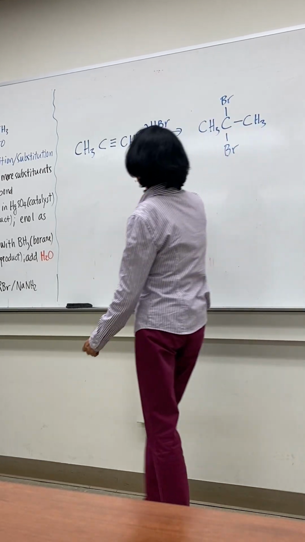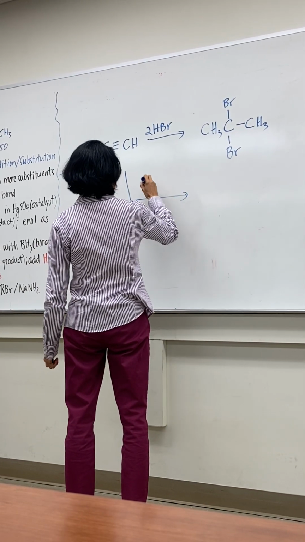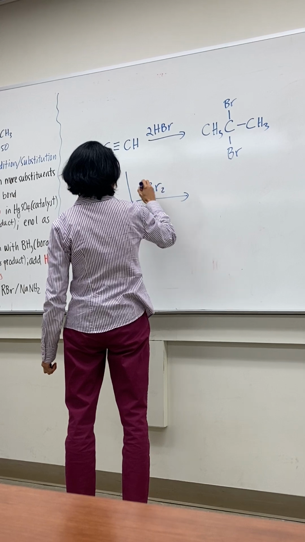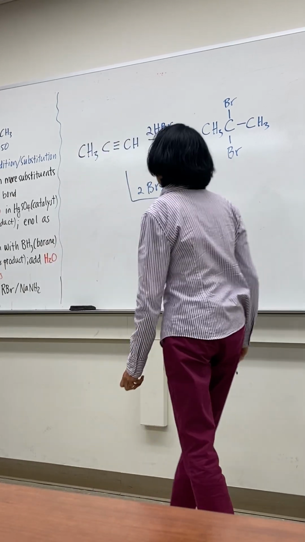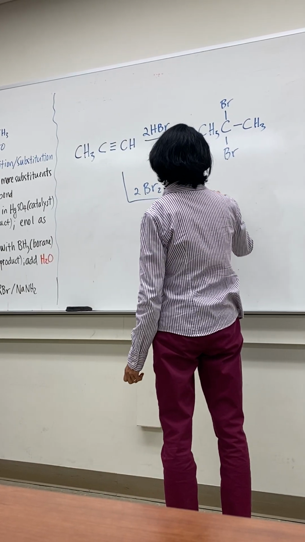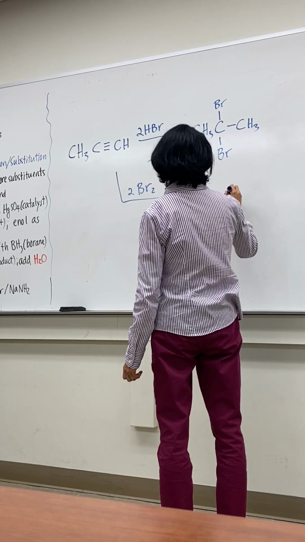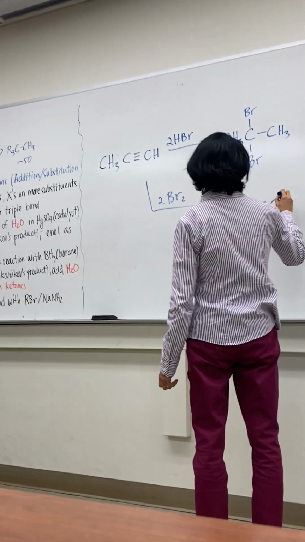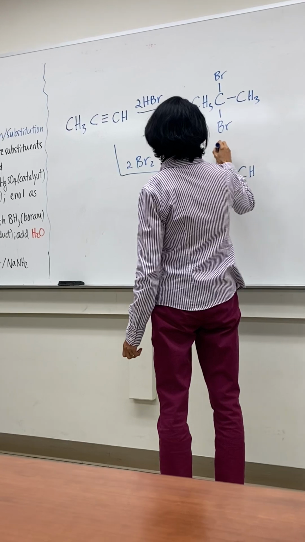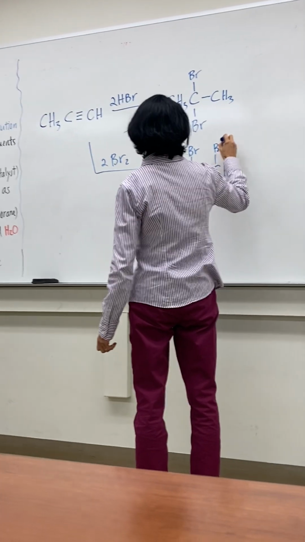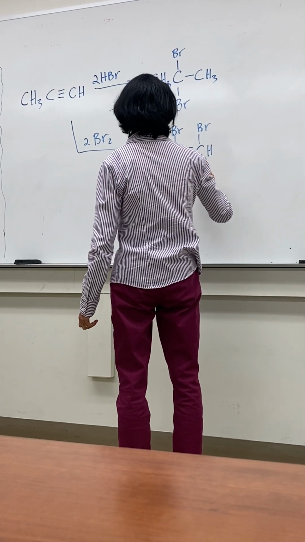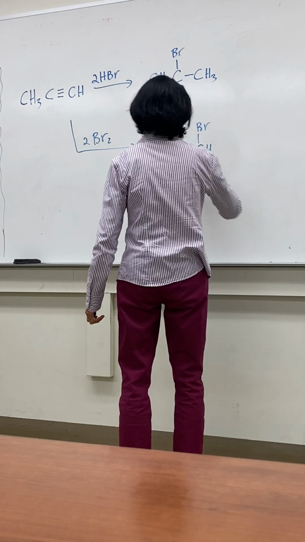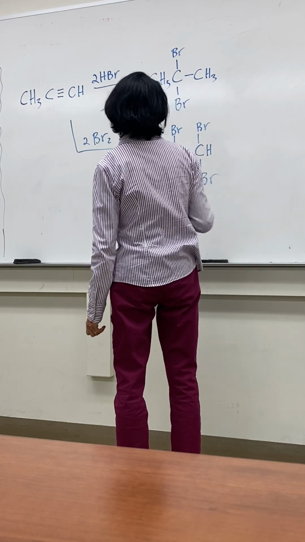And then the same, if I have Br2, I'm going to have two of these. So I'm also saturating the triple bond. So you have a triple bond like this, and then you're just going to have four Brs, and then you just have a single bond.